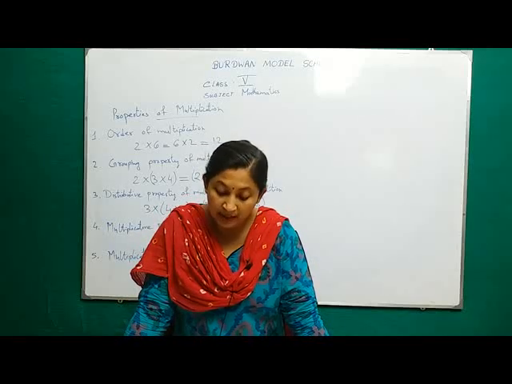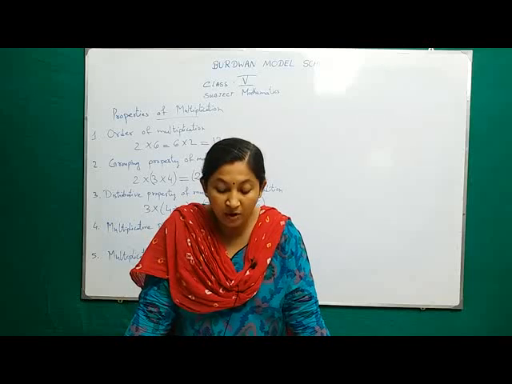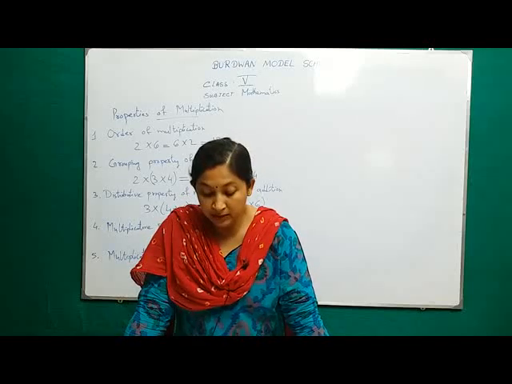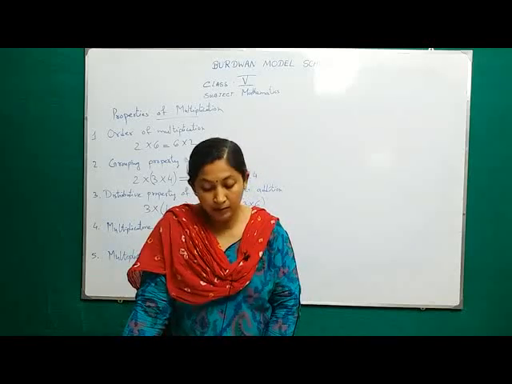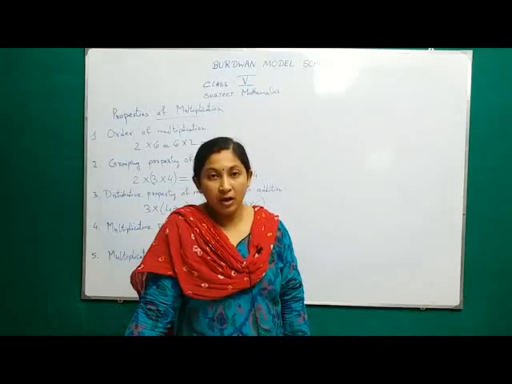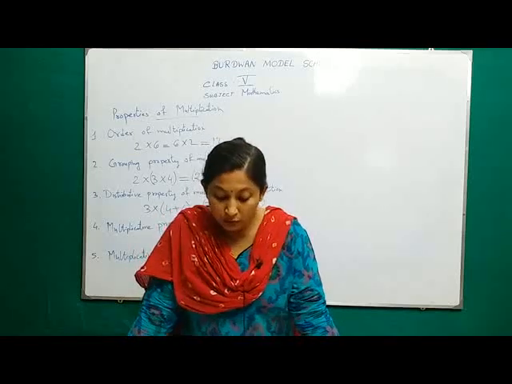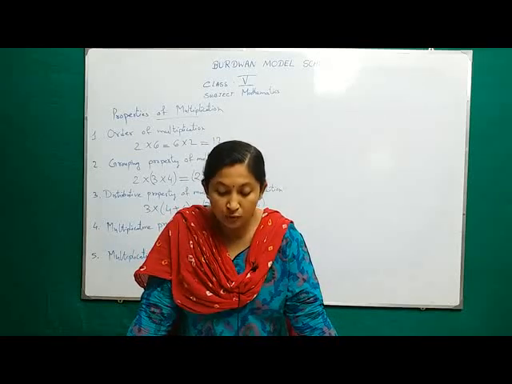Question number 2, again it is fill in the blanks, and here it is given for the multiples of 10, 100 and 1000. That means you have to multiply the numbers by either 10 or 100 or 1000. Clear? Suppose the first one, it is given 2718 into 10.